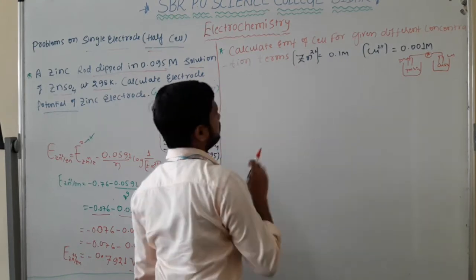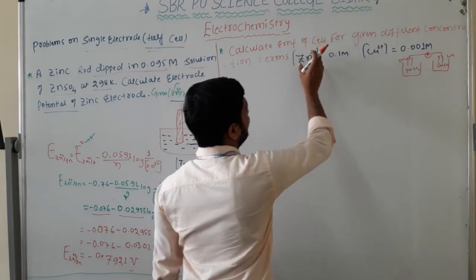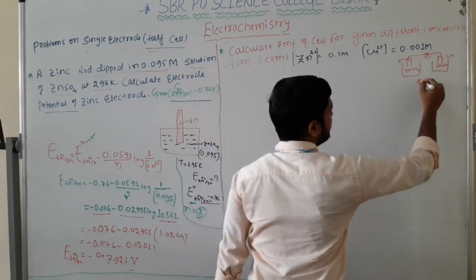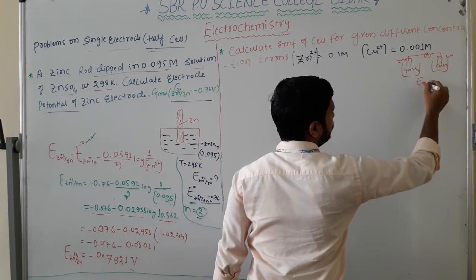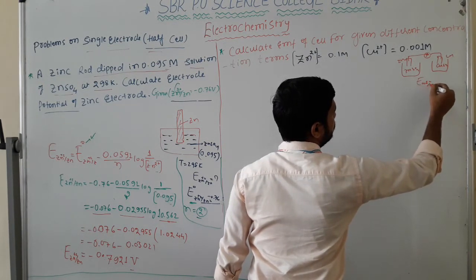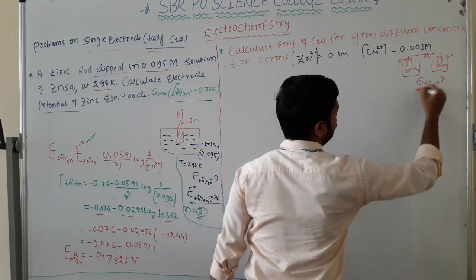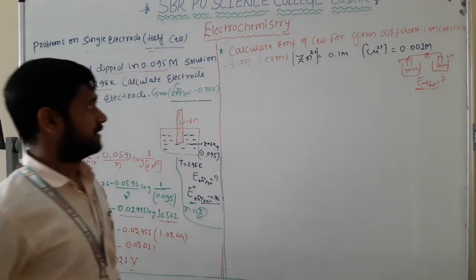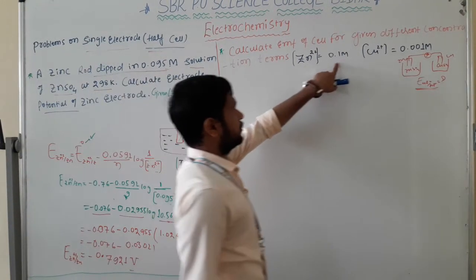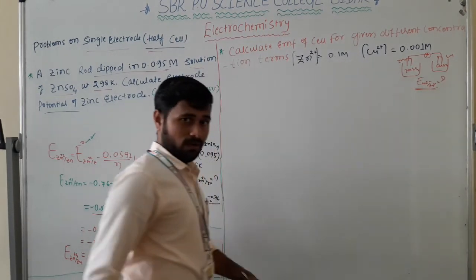Now we want to calculate the E cell, the EMF of the cell, with Cu2+ divided by Zn2+ as given. He has given the molar concentration of these two things.